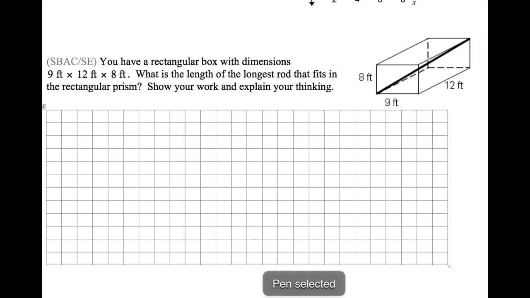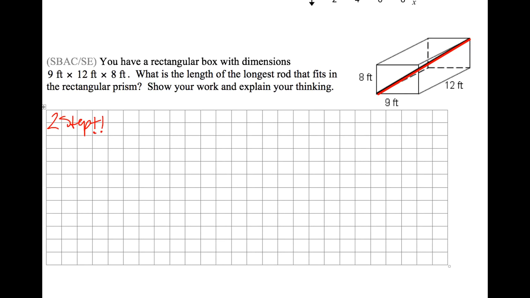This is a two-step question. Okay. This rod up here, I'm going to make it red. Not yellow, let's do red.